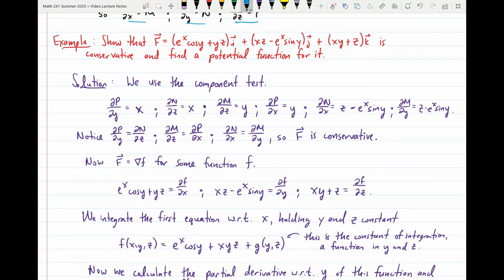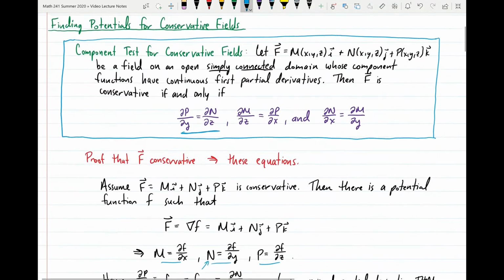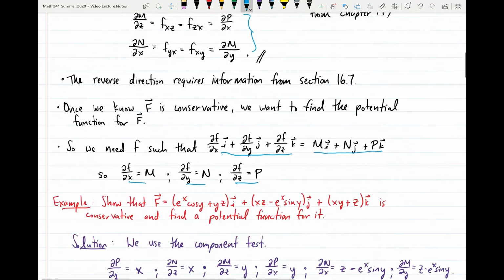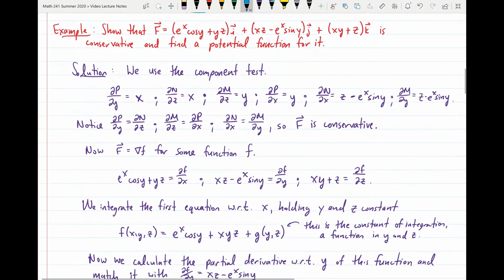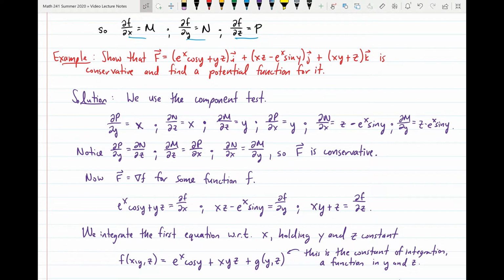So we'll start off by showing that f is in fact conservative, and to do so, we can use this component test that we just talked about up here. So to use the component test, we're going to want to take the appropriate partial derivatives of the component functions for our vector field. So first we take the partial derivative of P with respect to y, and we get x. Again, you can verify all of these partial derivatives as I go through them just by pausing the video and checking for yourself.